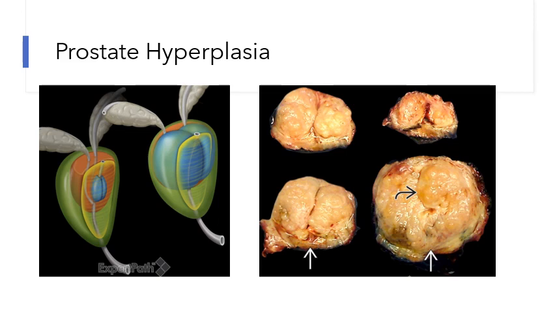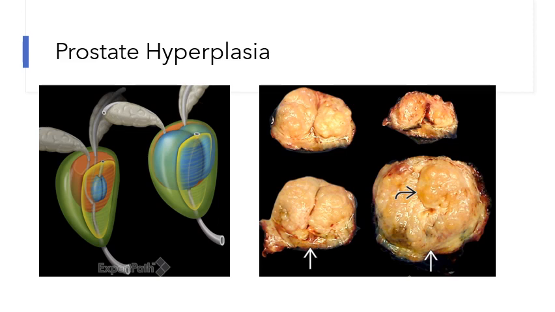So let's then talk about prostatic hyperplasia. Prostatic hyperplasia involves that central zone. So we can see the blue zone there. In prostatic hyperplasia, under hormonal influence, there is expansion and increase in size and volume of that central or blue zone.